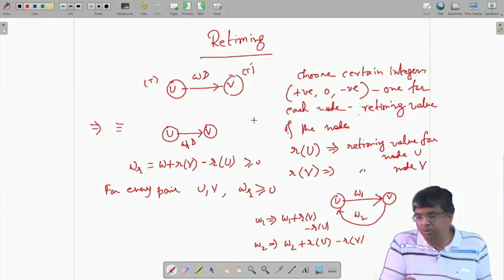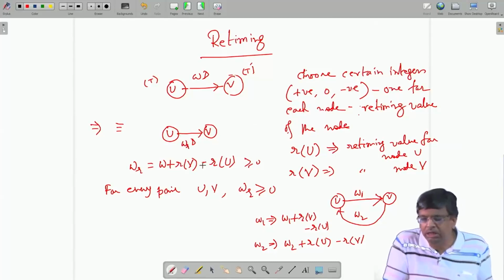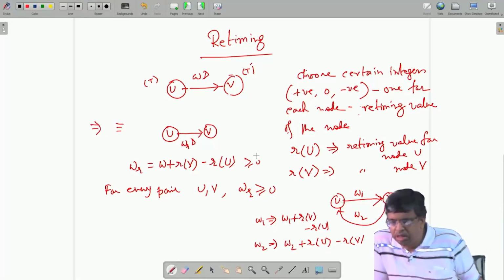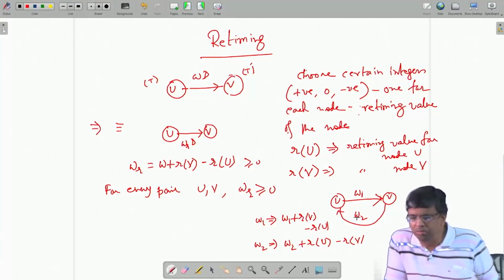Okay. And there is one point of caution: since there is a minus sign, you must make sure the whole thing does not turn out to be negative, because a negative number of delay has no meaning. This is very important, because suppose you have a loop, then in the forward path, suppose you have W1 amount of delay, and for the reverse path W2 amount of delay.